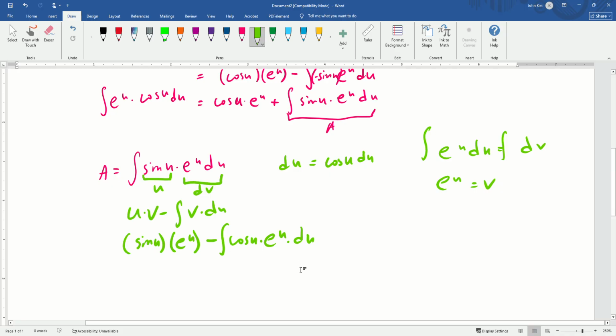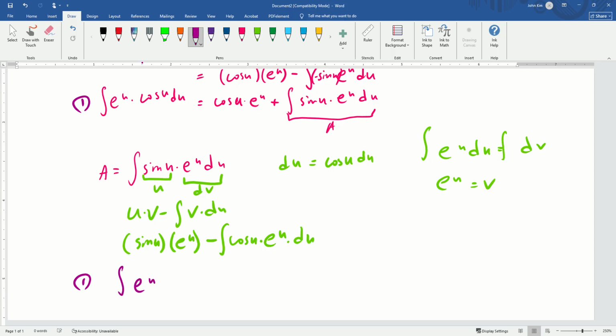So let's take this equation number 1: integral of e to the u times cosine of u du is equal to cosine of u times e to the u plus A, and A was sine of u times e to the u minus integral of cosine of u e to the u du.